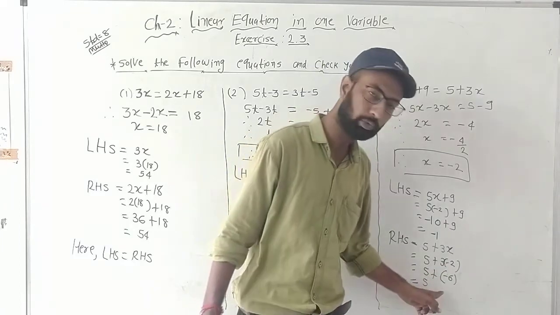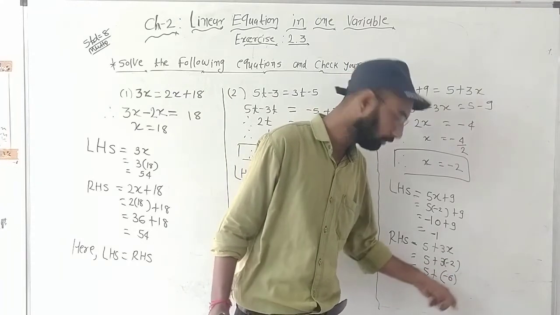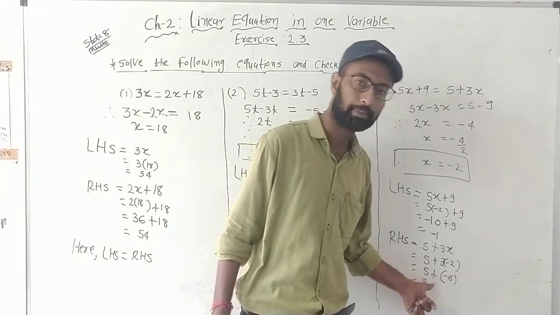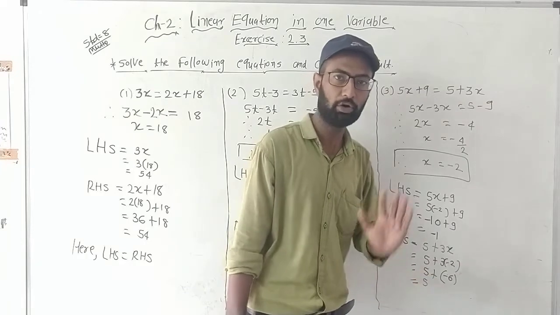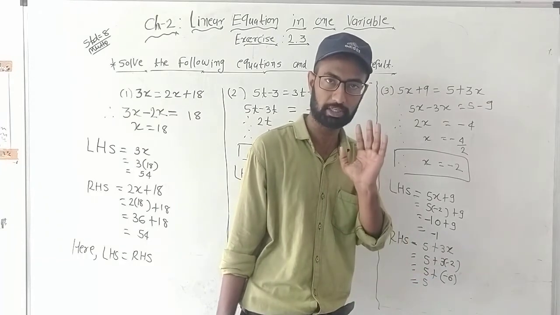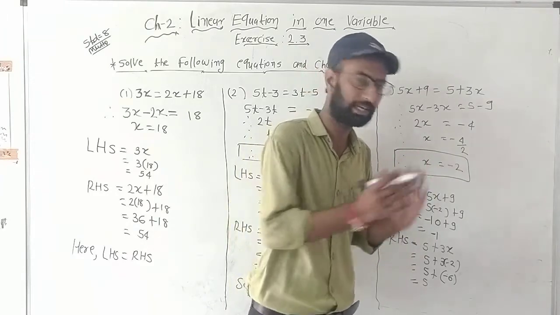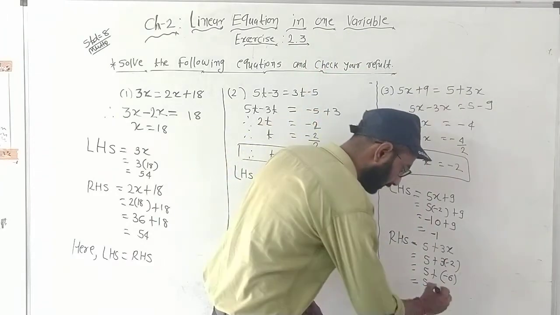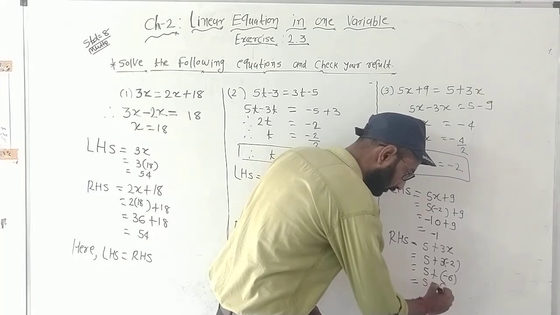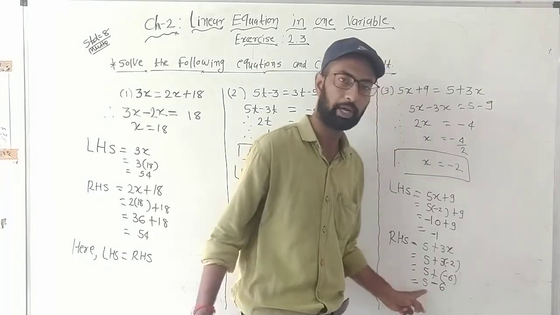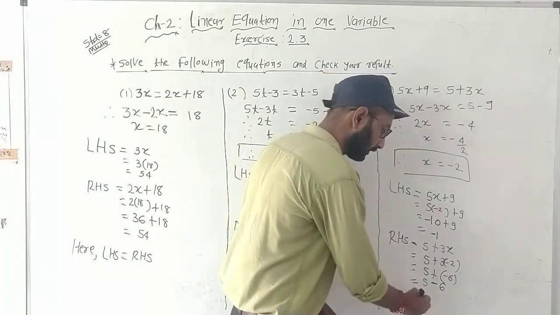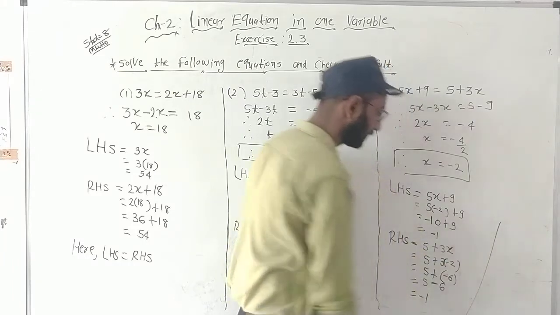Now I need to remove the bracket, but before the bracket the plus sign is here. So I will not change anything in the bracket. Whatever is in the bracket I will write as it is. So what is in the bracket? Minus 6. Okay. 5 minus 6 is minus 1.